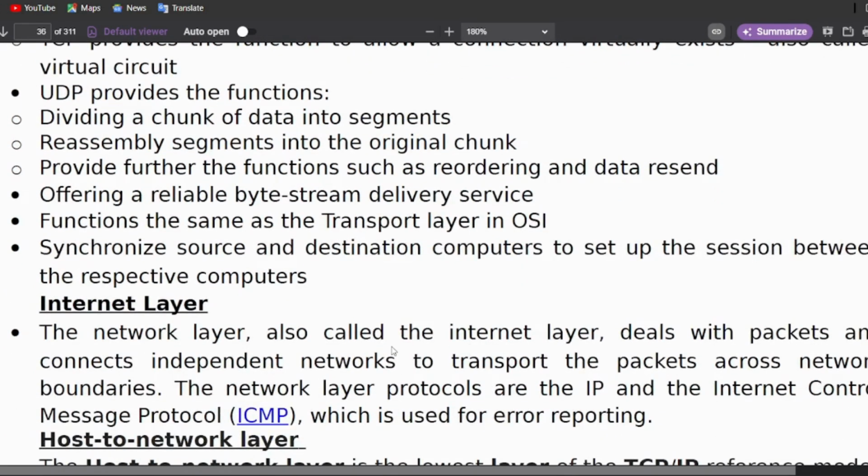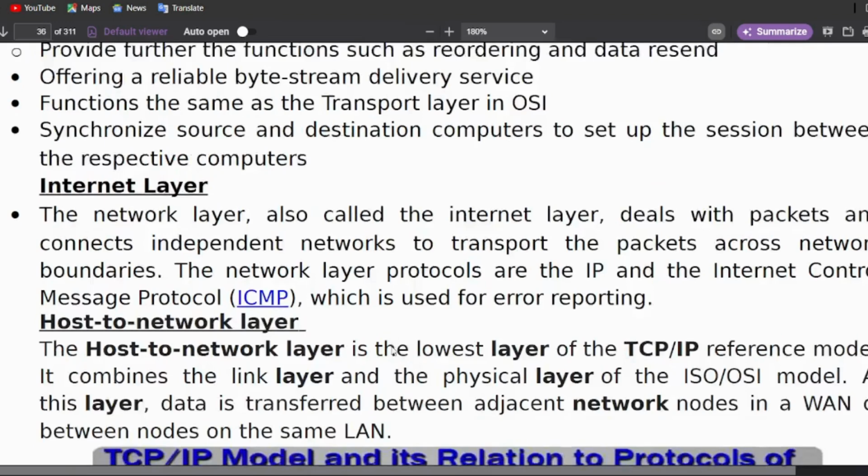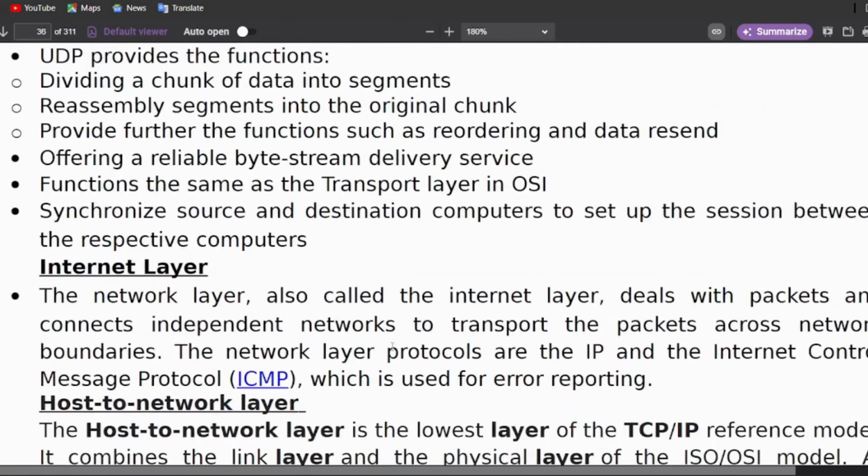So here we are offering a reliable byte stream delivery service. Whatever functions the transport layer has in the OSI, the same it has, but here there is synchronization of source and destination computers to set up the session between the respective computers only. So it's not on the protocol types, it's on its own systems or computers.